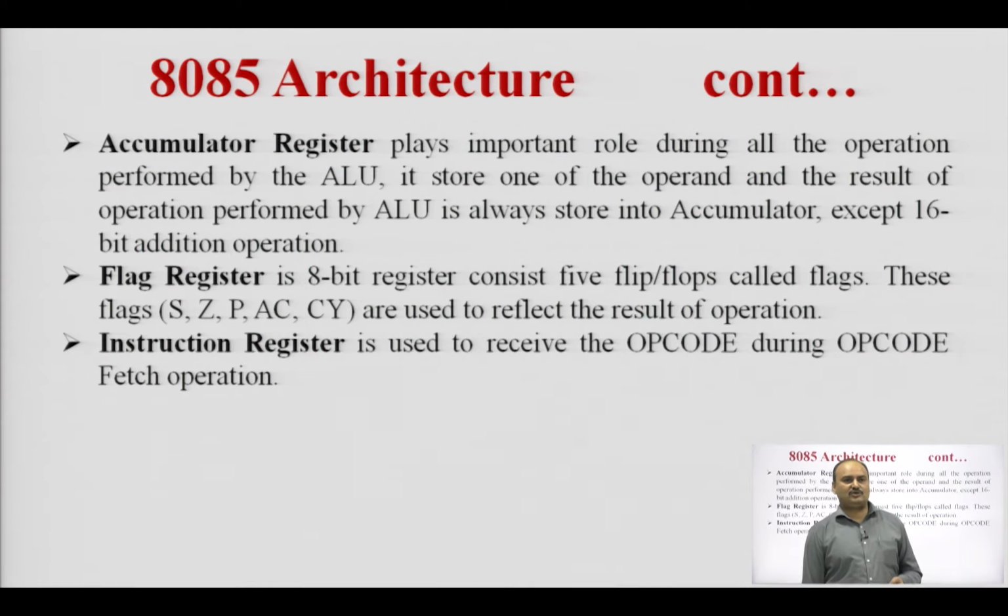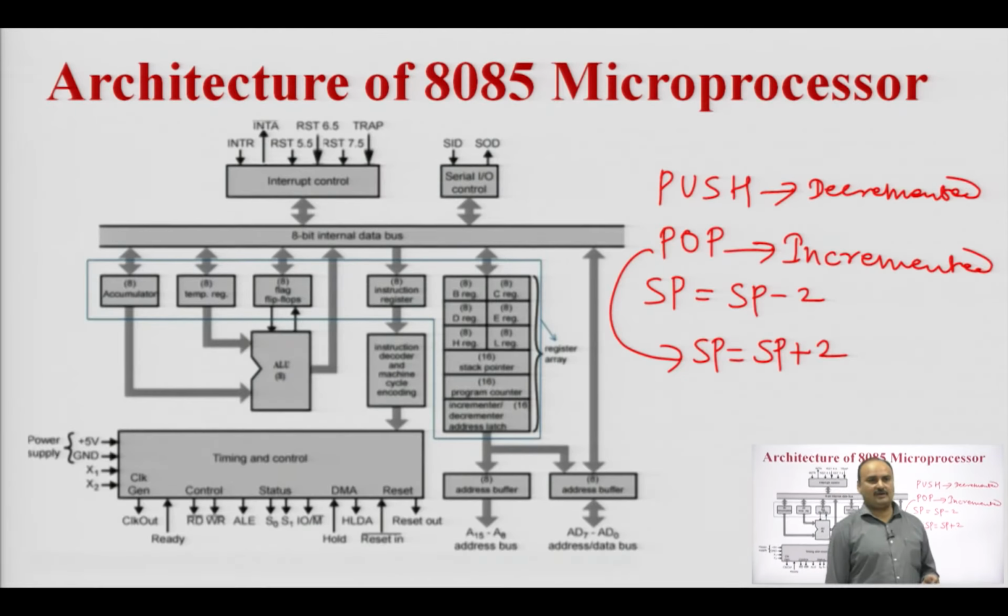The accumulator register is used for a special purpose. It is an 8-bit register. During arithmetic and logical operations, the accumulator is used to hold one of the operands. If we see the architecture of the microprocessor, for an operation performed by the arithmetic and logic unit, one of the operands is always from the accumulator and the other operand is from the temporary register.